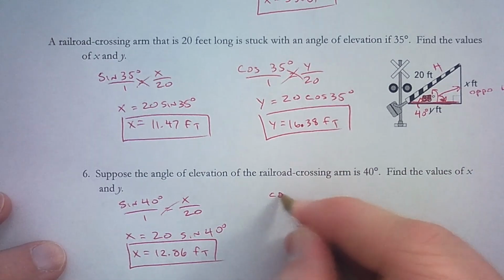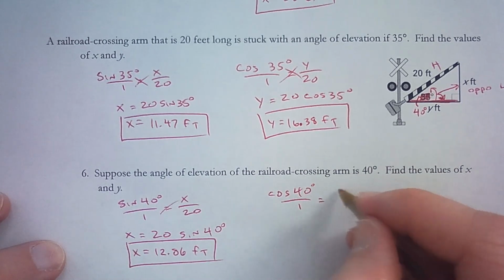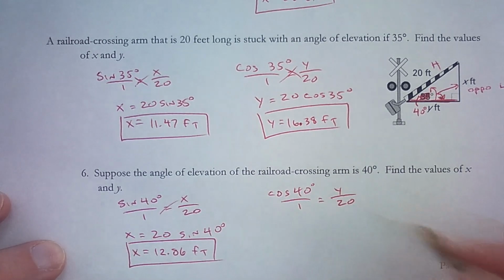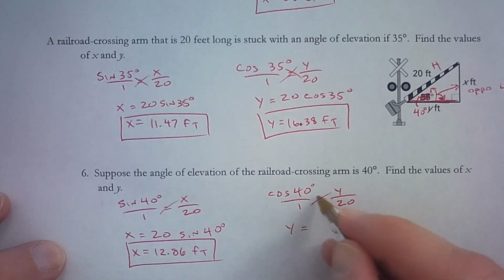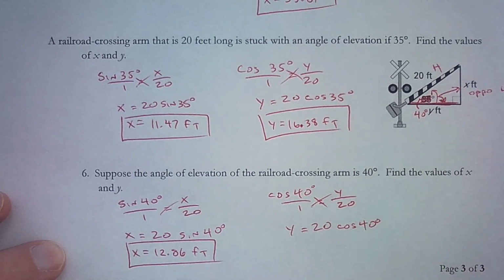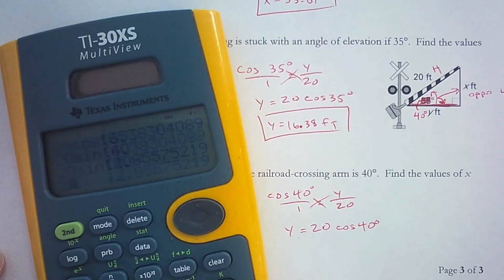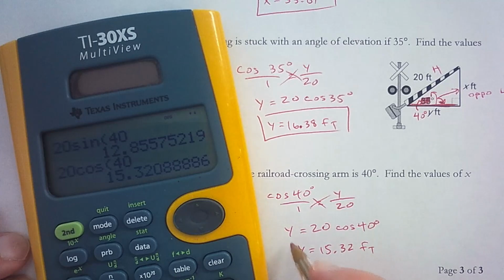Then cosine 40 degrees is to 1, as the adjacent y is to the hypotenuse 20, and my cross products are 1 times y and 20 times cosine 40 degrees. 20 times cosine 40 degrees is 15.32 feet.